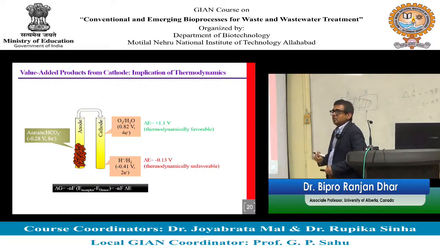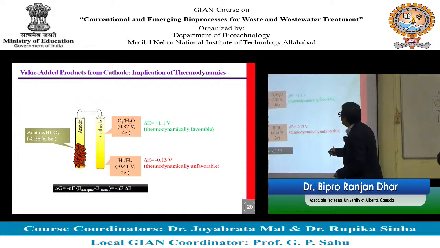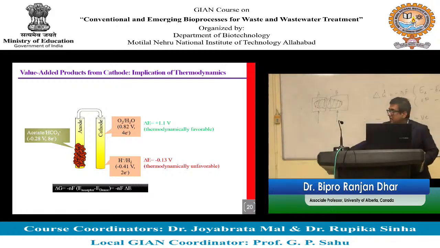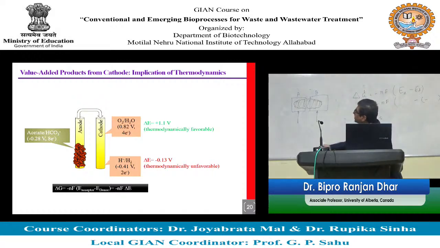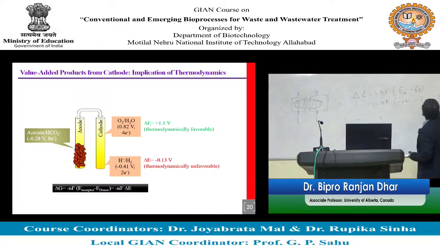So what do we need to do? And how much is the difference? Let's do it for hydrogen because I want to show you how we calculate how much energy we need. So here the acceptor is minus 0.41, and the donor is minus 0.28.